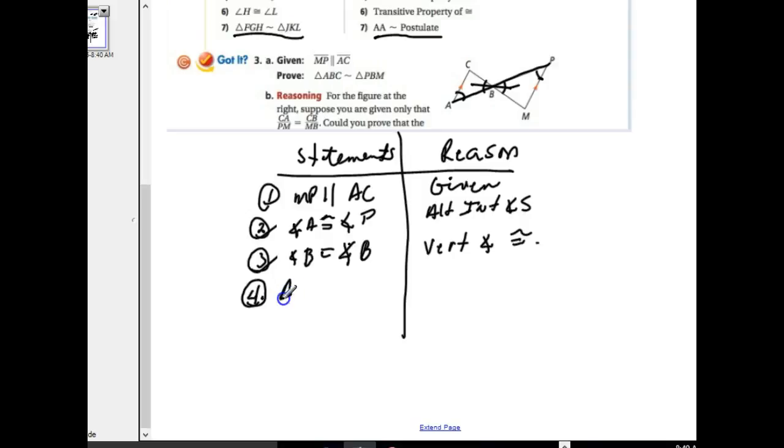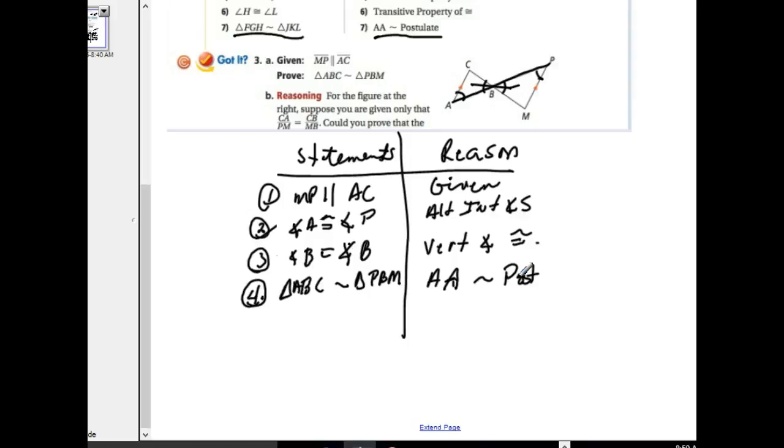But I can say that triangle ABC is similar to triangle PBM. The reason is that there is a rule in this chapter, the angle-angle similarity postulate: if I can prove two angles of one matching two angles of another, that's enough to prove that the triangles are similar to each other.